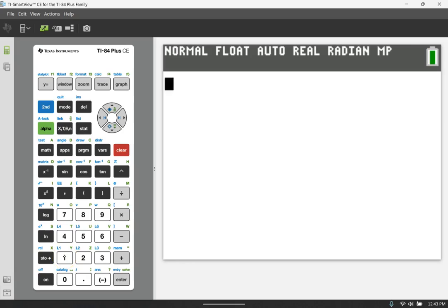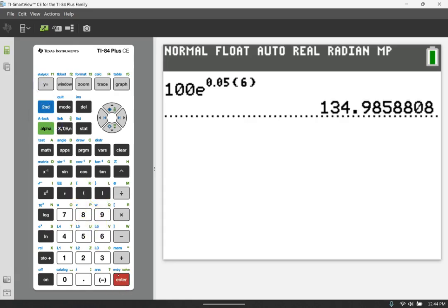Where are the places we find it? So we go 100, and in the TI we have it in two places. One is above the natural log, so second natural log. The other place is above the division. On the Casio, I believe it's just above the natural log. So e, and what are we putting inside there? 0.05 times 6.